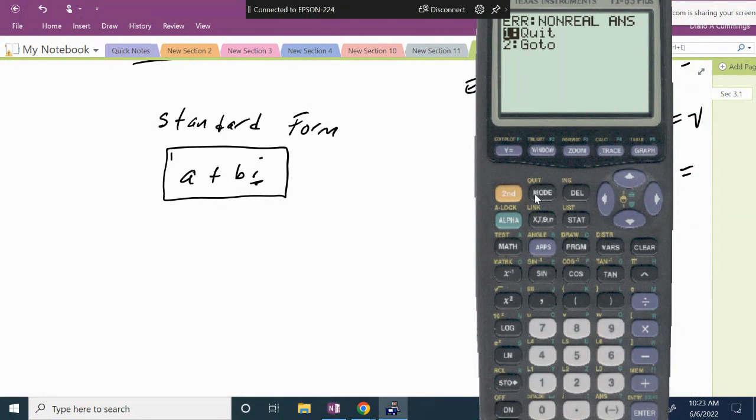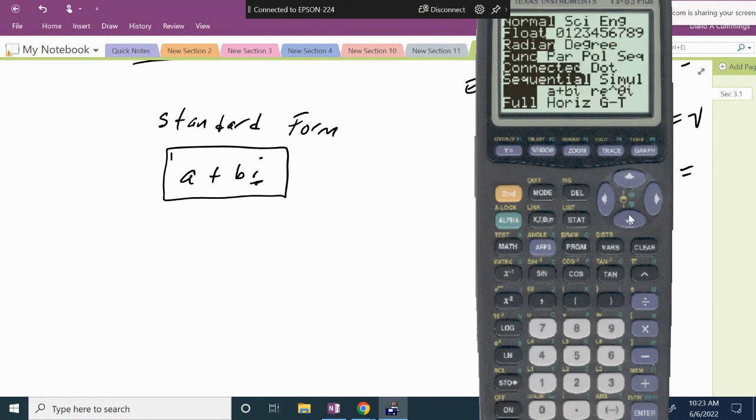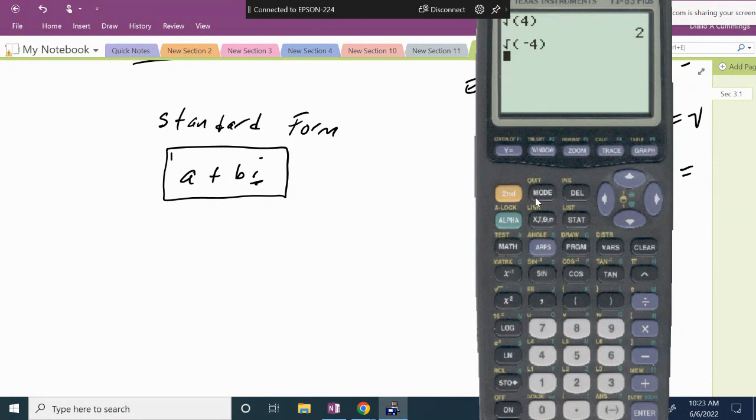However, if I go back into mode, I'm going to change from the real number system to a plus bi, which is the complex number system. What this is going to allow us to do is actually perform operations with complex numbers. So now notice I put in the square root of negative 4, I get 2i. The i is the imaginary unit.